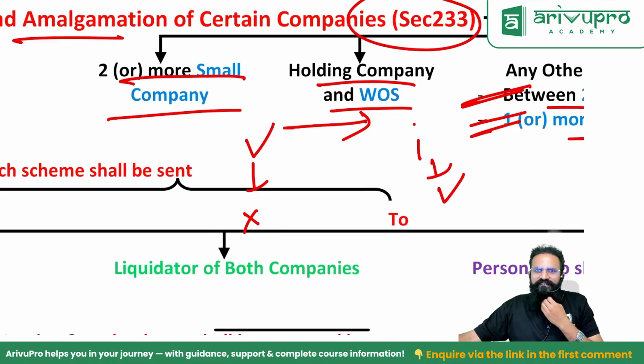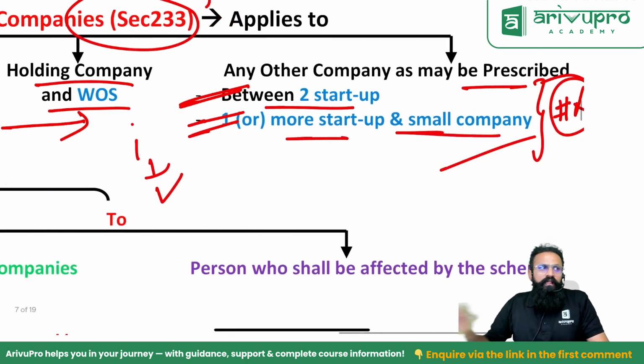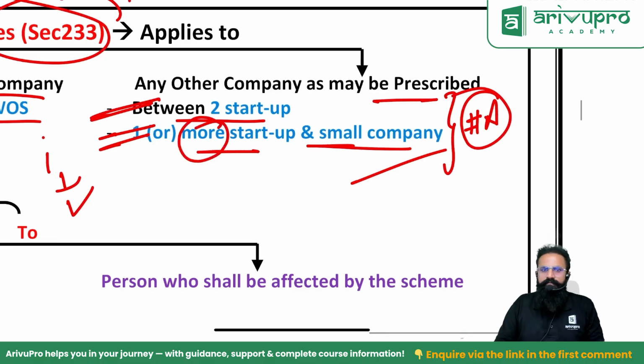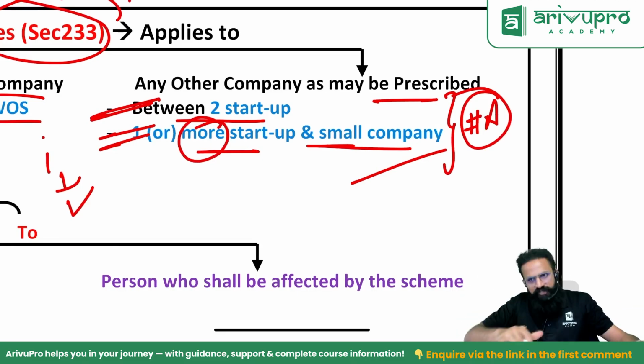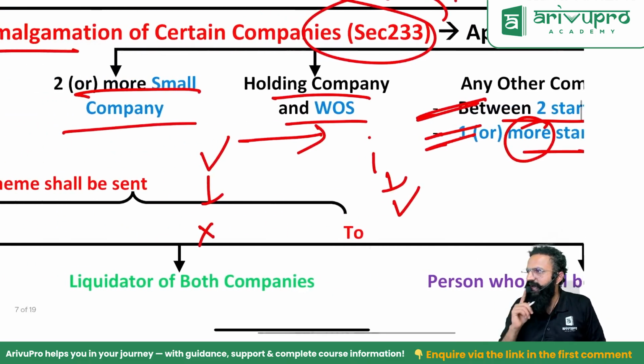Provided they are startups, and a startup and a small company. One or more startups and a small company is possible. You can never say it is only two. More than two is possible, 100% possible. Understood?